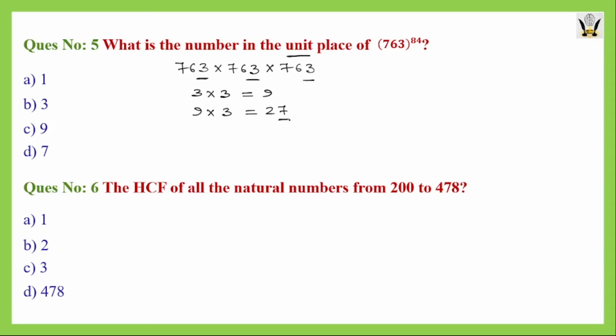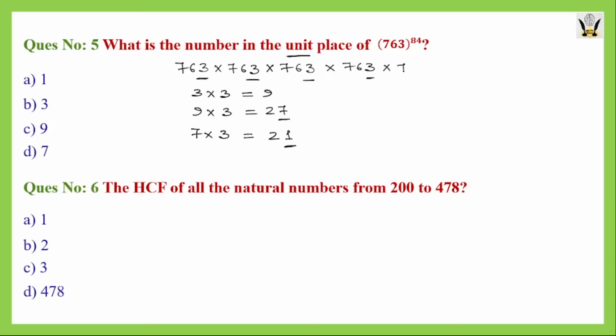So at the units place we have 7. Now if we multiply by another 763, at the units place again we have 3, and 7 multiplied by 3 is 21. So at the units place we have 1.